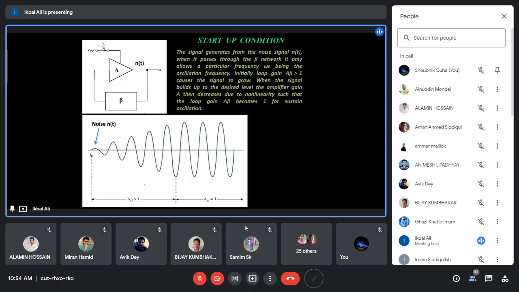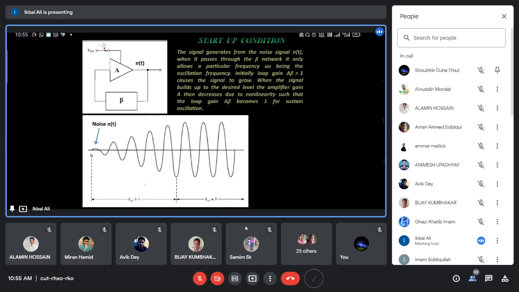But to start the oscillator, you have to initially put A beta slightly greater than 1. Then automatically the circuit will make A beta equal to 1 when the signal has grown enough. When the oscillator is producing sustained oscillation, the closed loop gain is automatically reset to A beta equal to 1. So in this way, the signal is generated within an oscillator system at the output of the oscillator circuit.